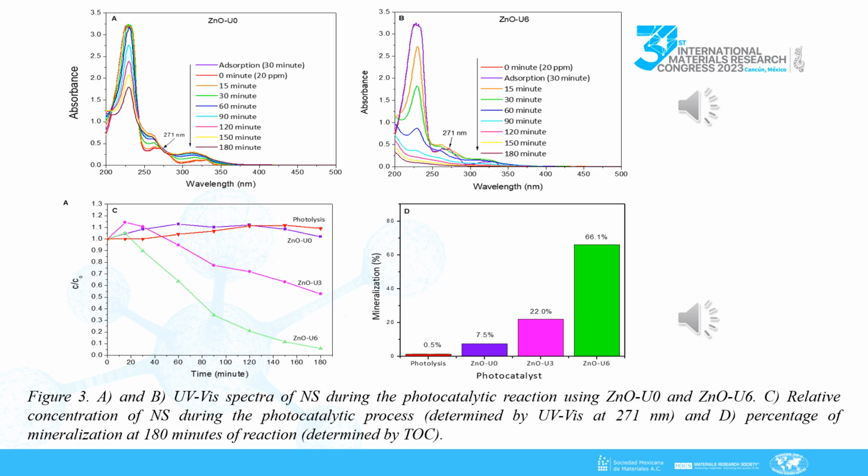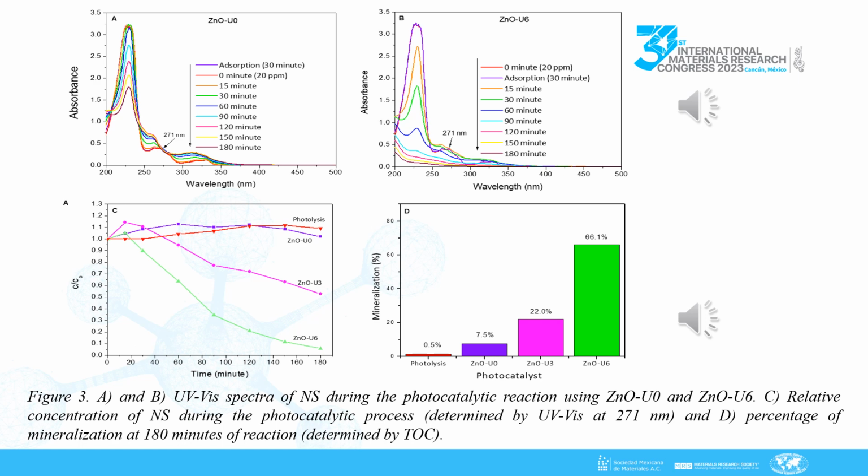The mineralization of the contaminant after 118 minutes of reaction is presented in figure 3D. The zinc oxide urea 0 material showed a mineralization of 7.5%. The zinc oxide urea 3 material showed 22%.